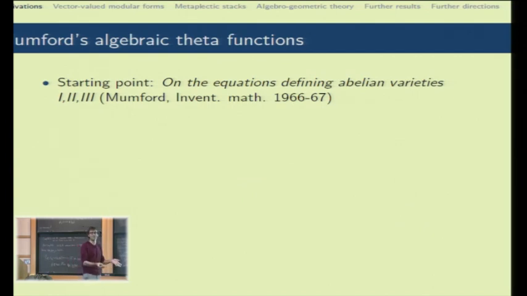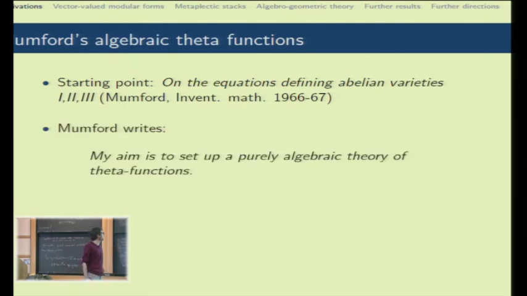So you look up equations defining abelian varieties, and sure enough, you get this series of papers by Mumford from 1966-67, where he completely addresses the question of how to give a whole algebraic theory of how to embed abelian varieties in projective space in certain canonical ways.